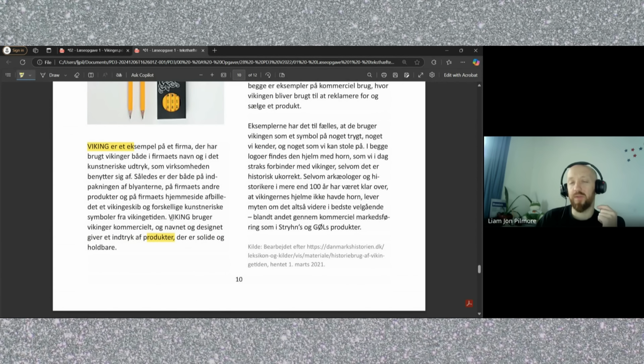And if I now read back this sentence, Viking bruger vikinger kommercielt, og navnet og designet giver et indtryk af produkter, der er solide og holdbare. Aha. Here is our answer. Why are they using Vikings in their branding? For at give et indtryk af, an impression of products, der er solide og holdbare.